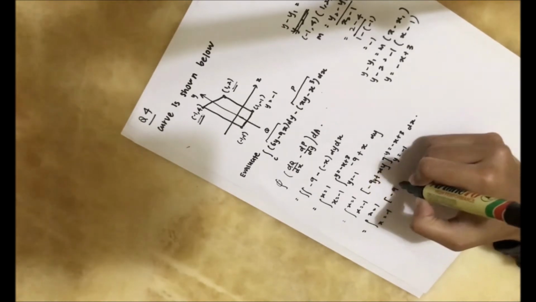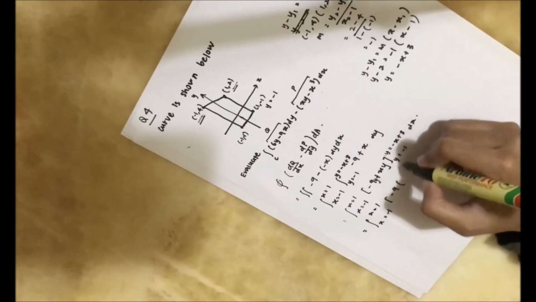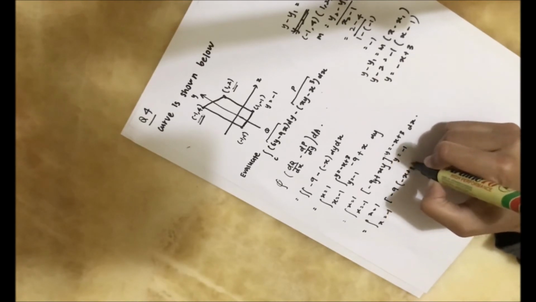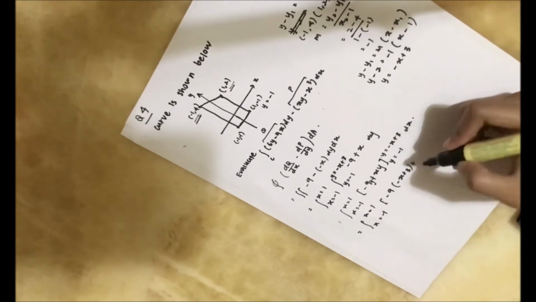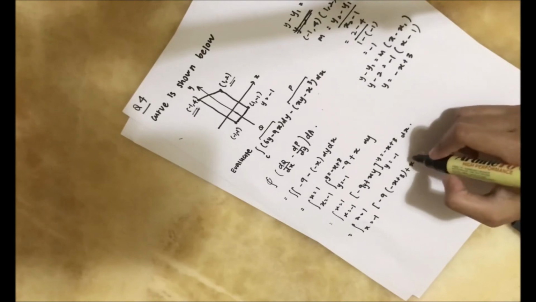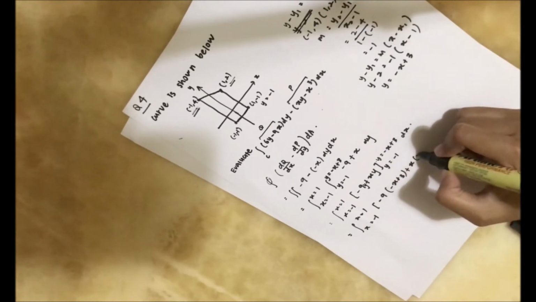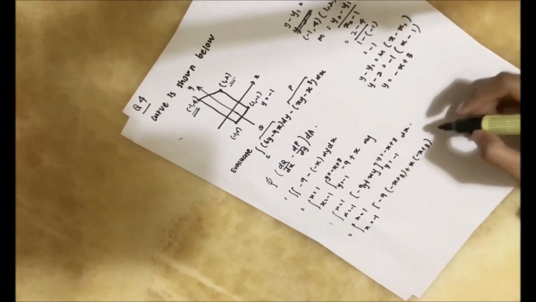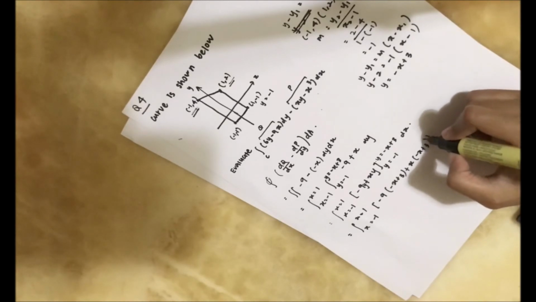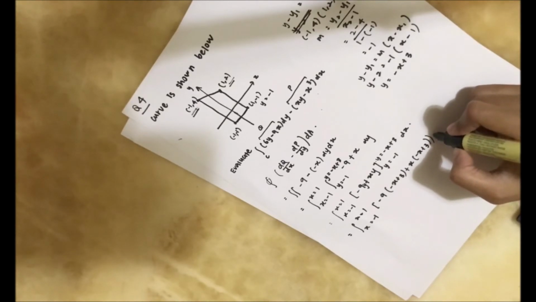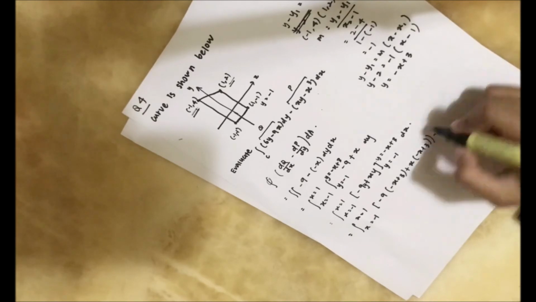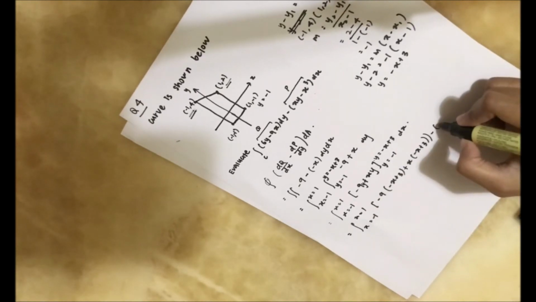So -9, y is negative x plus 3, plus x, times negative x plus 3, and then negative 9.